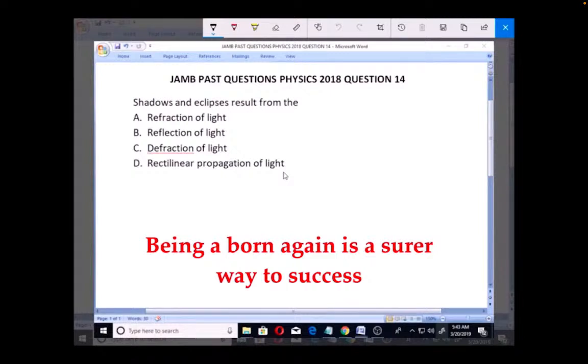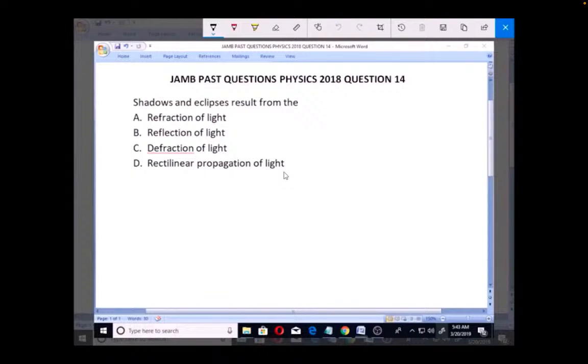So which of the following causes the shadows and eclipses? Is it the refraction of light? Is it reflection of light? Or is it diffraction or rectilinear propagation of light?